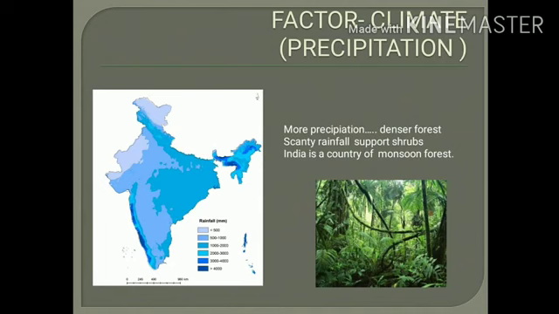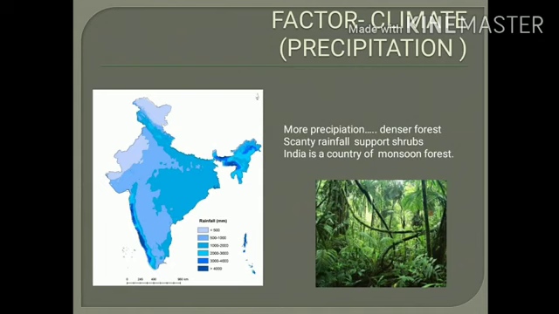Another important climatic factor is the duration of day. Duration of day is called photoperiod, the length of the day. Actually, it is not the same everywhere in India. The temperature and the receiving of insolation vary from zone to zone, from area to area, as they have different latitudes. Different latitudes receive different amounts of insolation, so the length of day matters. It varies for the growth of natural vegetation.